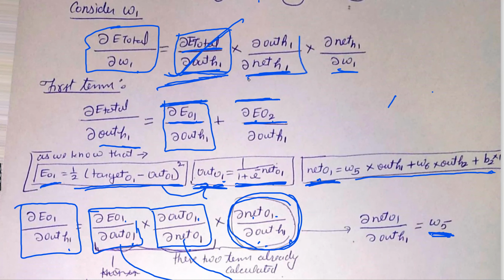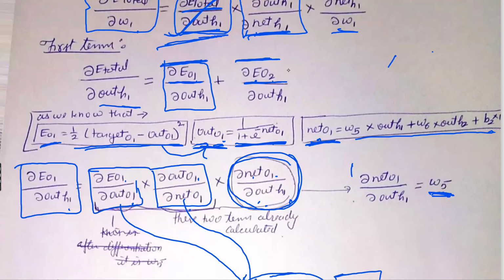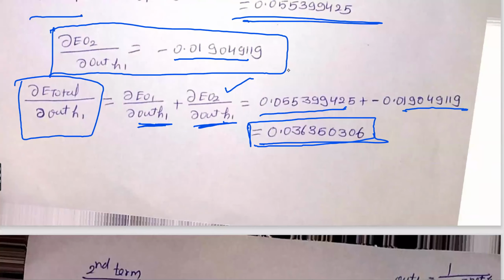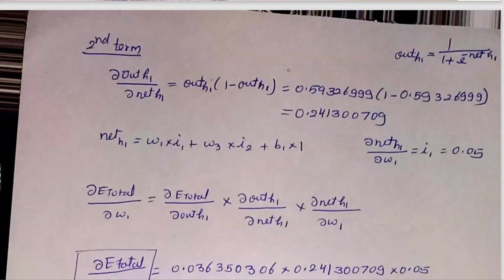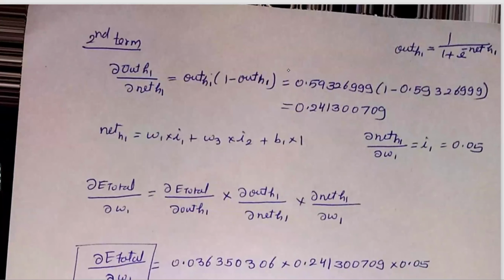In the similar way we will calculate the partial differentiation of output H1 with respect to net H1. So how will we differentiate this second term? This is the second term: partial differentiation of output of H1 with respect to net H1, right?